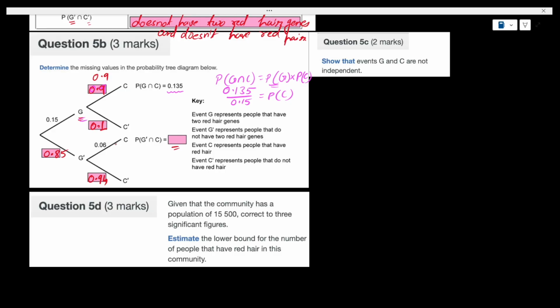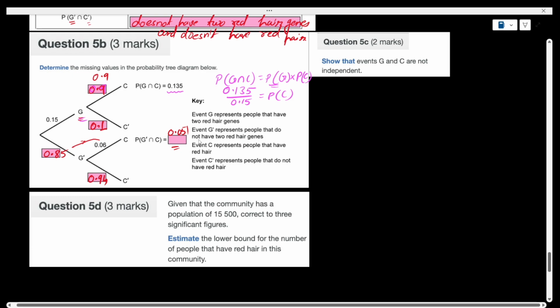Now here, because we are coming G' (G complement) intersection C, you multiply these two, so that is 0.051, the probability of this. Right. Now, what else is given here? 5D part. So you fill all the missing parts, which carries 3 marks.